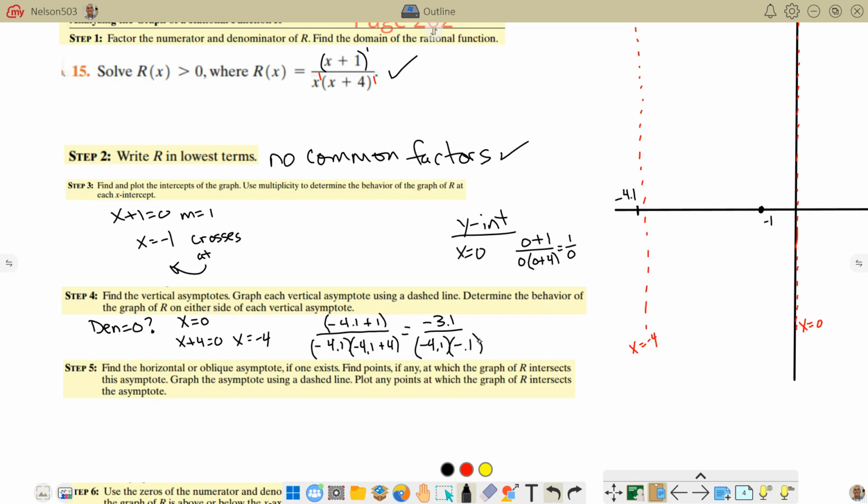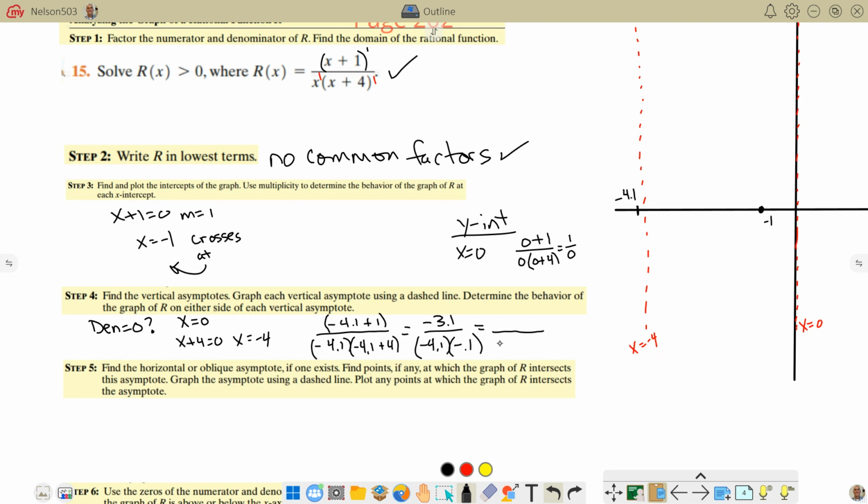See, this is the thing that's going to happen every time when you stick a number close to the asymptote. One of the factors is going to be really small. And when you take a really small number times something else, it's going to be small, and it's going to be small in the denominator. So look, it's a negative times a negative.